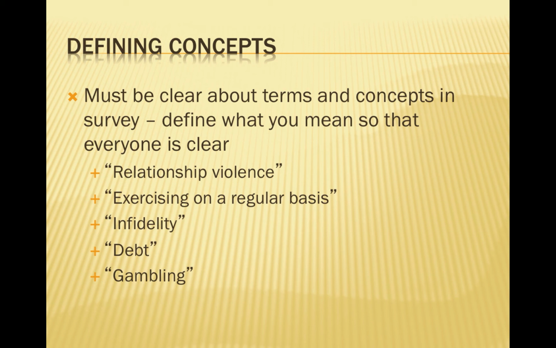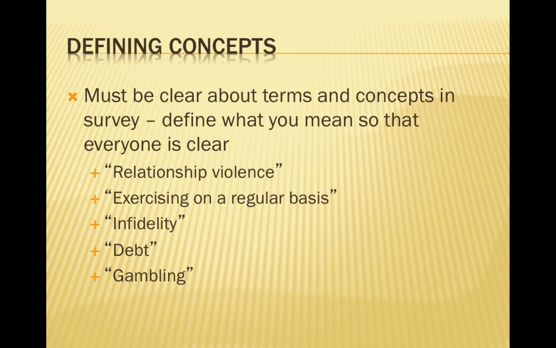Defining concepts, you just have to be clear about any terms and concepts on your survey, so you can define them in advance before they start answering questions. So in your mind, exercising on a regular basis might mean exercising daily for at least 60 minutes. To somebody else, exercising on a regular basis might mean 3 times a week for at least 30 minutes. To someone else, it might just mean doing housework and making sure you move around.